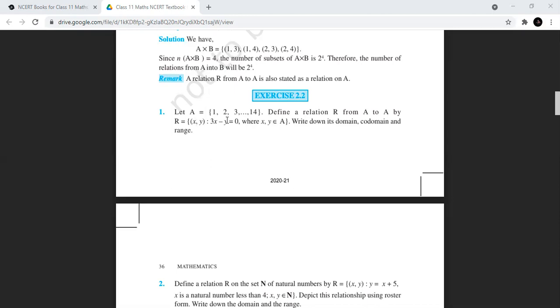Again, set A. So set A has entries from 1 to 14. So anything beyond 14 is not acceptable. So when you're taking your x as 5, you're getting y as 15, which is not from set A. So you will not include that entry. Okay. So your entries will only be 1, 3, 2, 6, 3, 9, 4, 12. That's it. Just these many entries will be there.